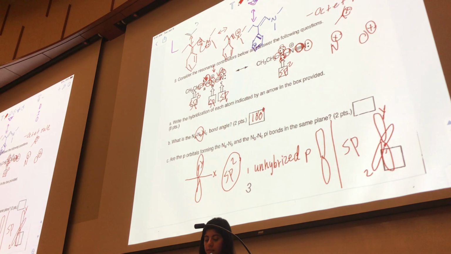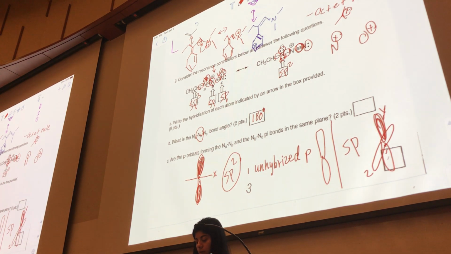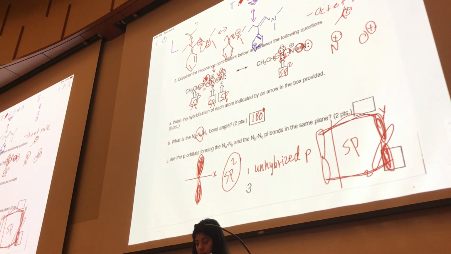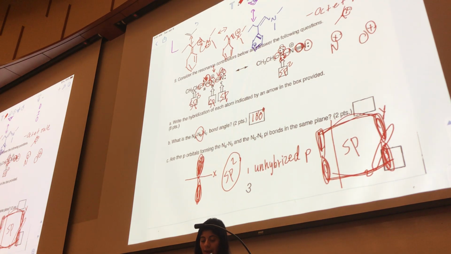So if you put these guys right beside each other, the y direction orbitals will overlap. You see that? They're parallel to one another. So if you draw this, they'll overlap like this. Okay? For example. But the Nc, it is sp, right?